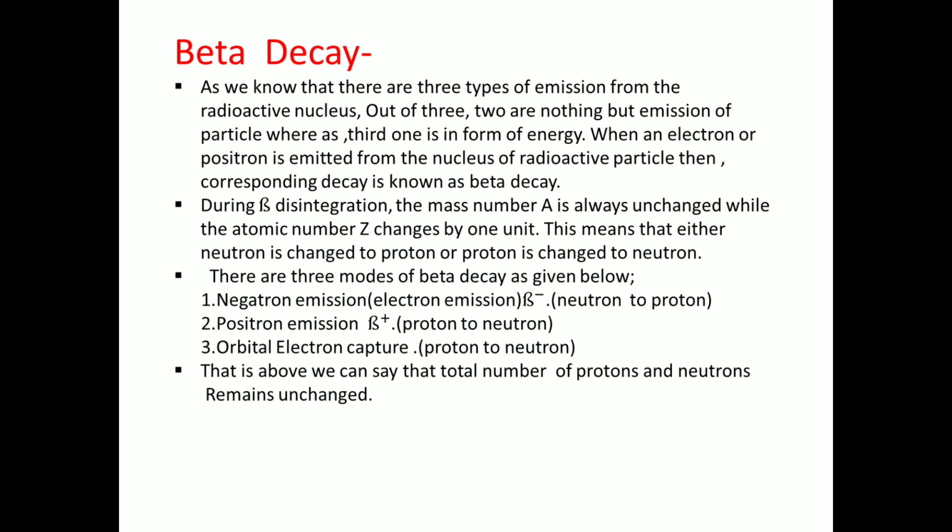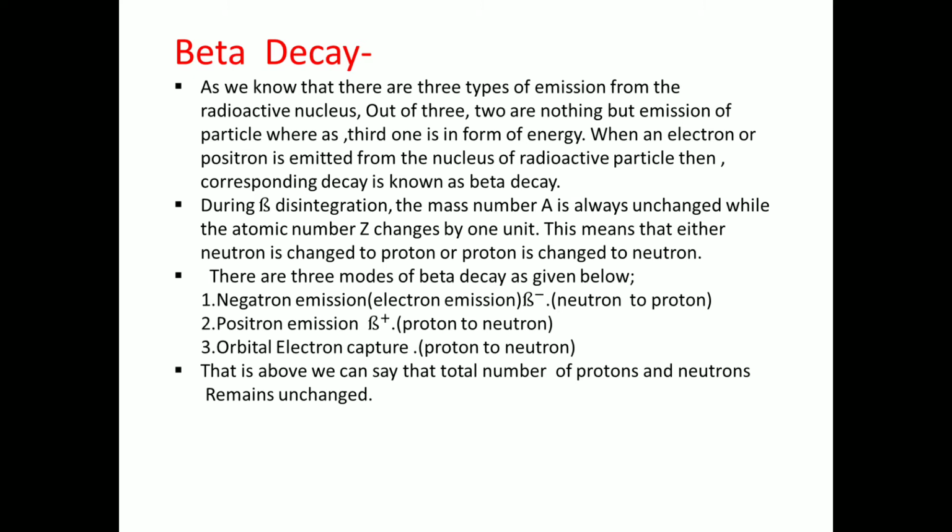There are three modes of beta decay as given below. First one is negatron emission, that is electron emission, called beta minus decay, and in that a neutron is converted to a proton. Second one is positron emission, beta plus decay, and in that a proton is converted to a neutron.